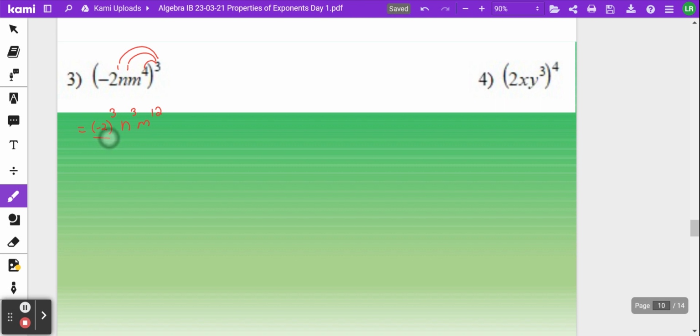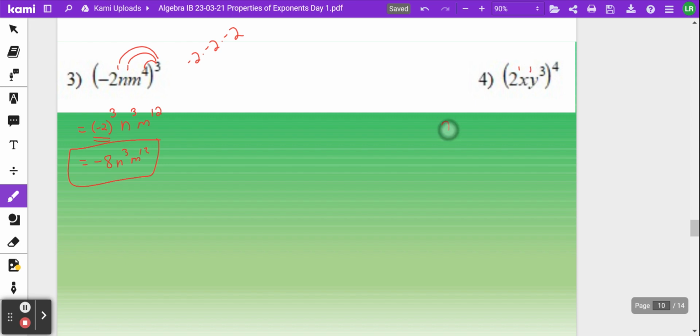The only thing I need to clean up is negative 2 to the third power. So that's negative 2 times negative 2 times negative 2. And that would be negative 8. So there's my answer.